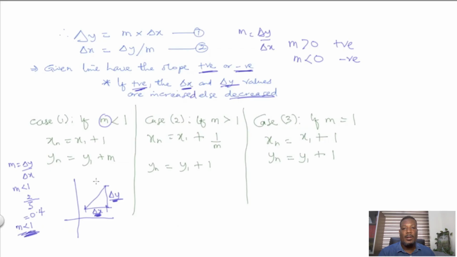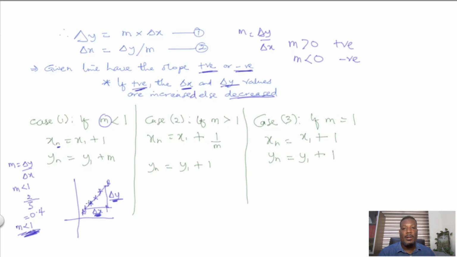Looking at this, we'll have the slope being less than 1 over here. When we have a situation where the slope is less than 1, then xn, where n is the new intermediate points, we need to form the line from A to B, and we will need all these intermediate points.